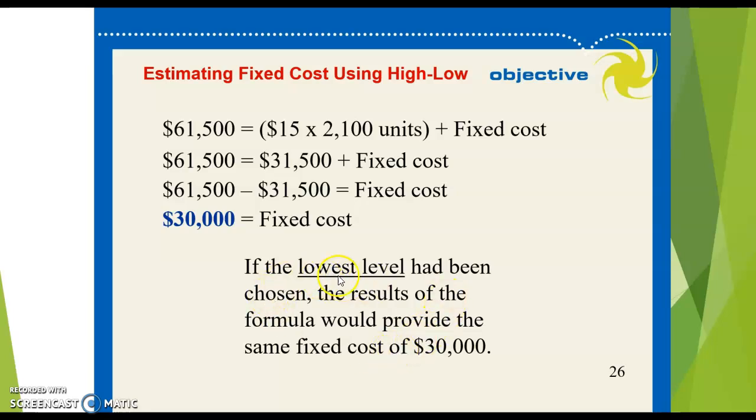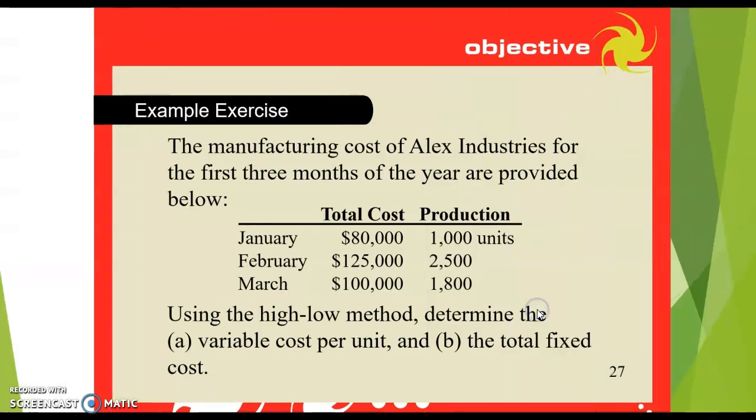Even if we had used the low level, the October numbers, we would still come out with $30,000 for the fixed cost. All right, here is another example that we can go through.